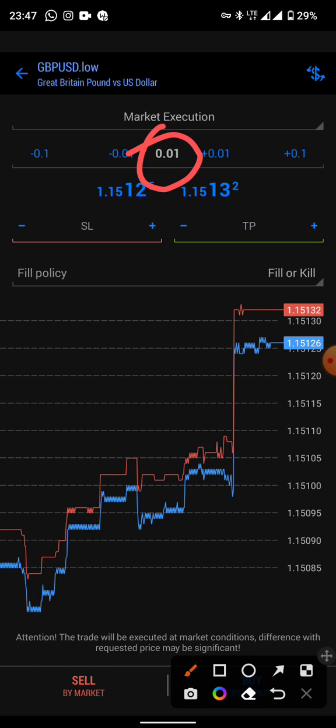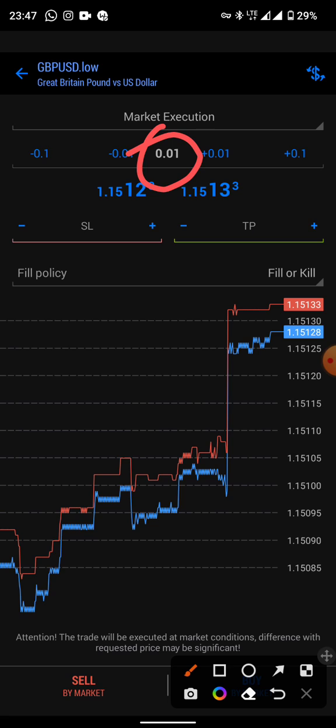If you want to increase this to 0.02, it simply means per pip movement you have 20 cents. 0.01 means per pip movement you are going to have 10 cents value.